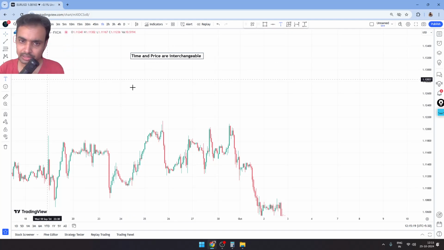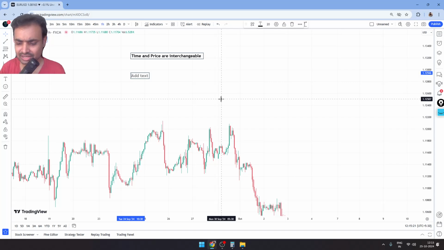Now the formula is very simple. It's a 7th or 8th standard formula. I'm going to find the square root of the cube of time, or I can say more precisely, the time difference.